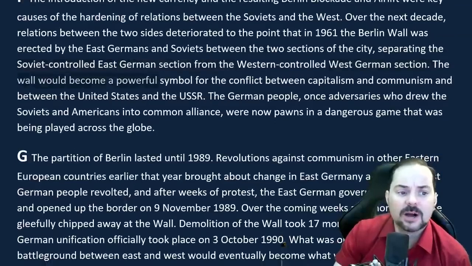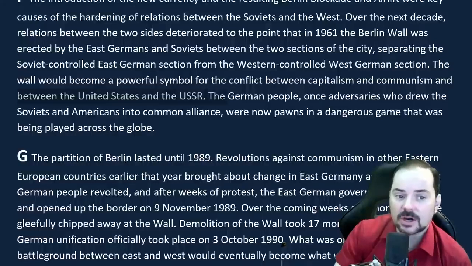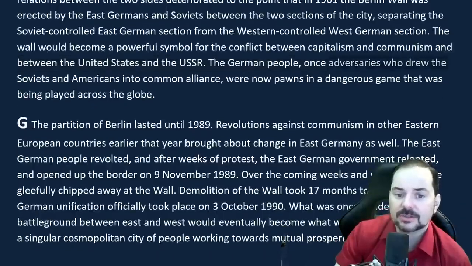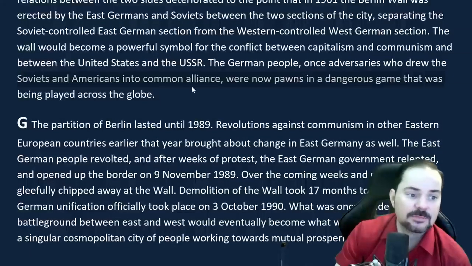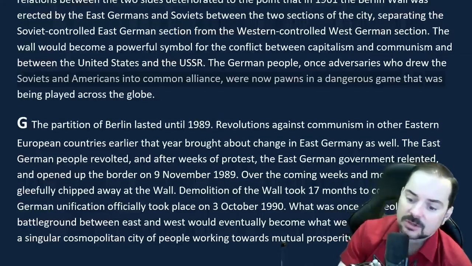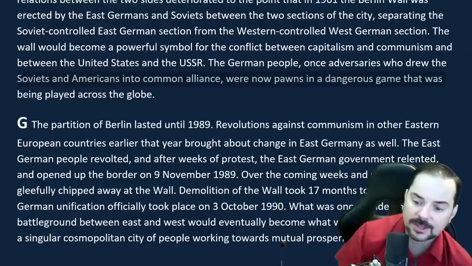The wall would become a powerful symbol for the conflict between capitalism and communism, and between the United States and the USSR. The German people, once adversaries who drew the Soviets and Americans into common alliance, were now pawns in a dangerous game that was being played across the globe.